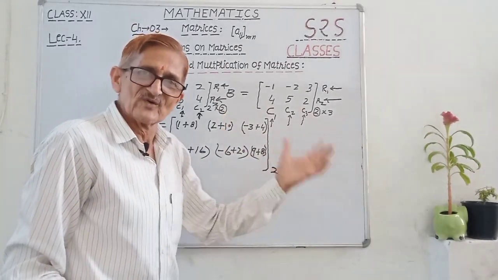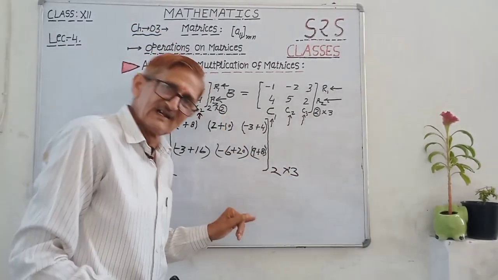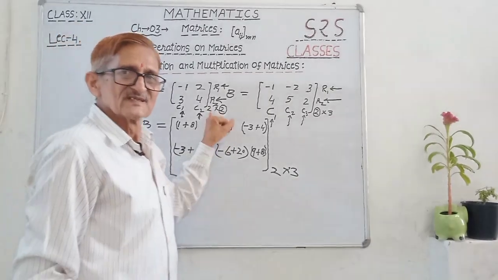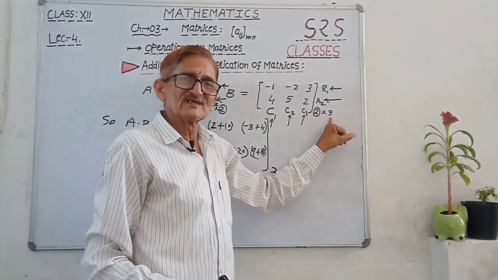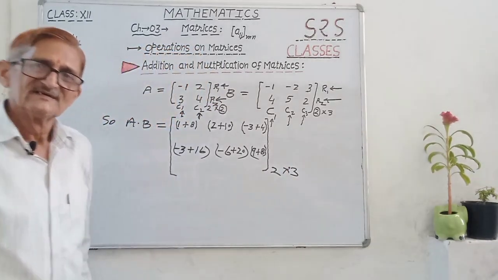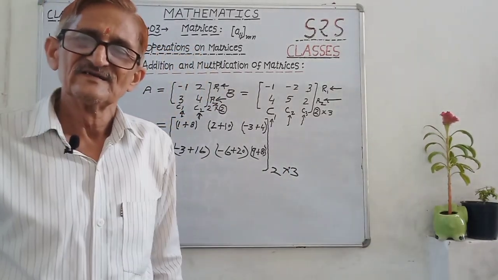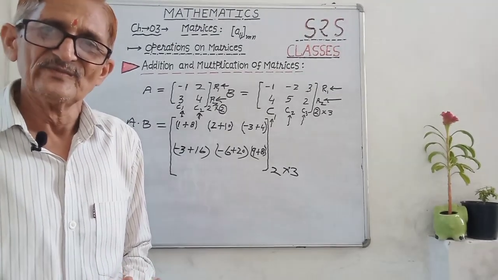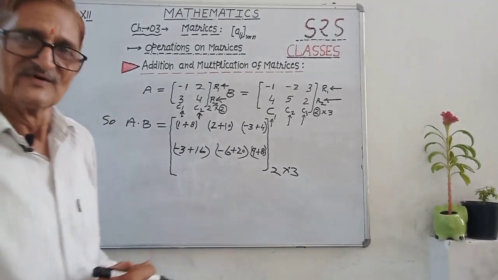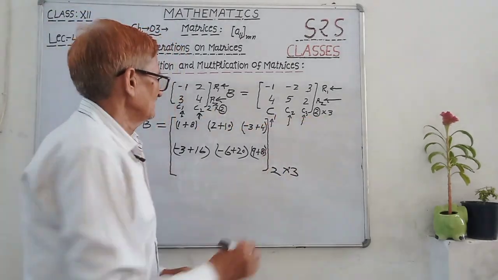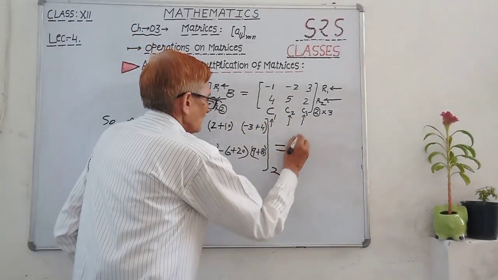The product order will be equal always to the row of the first and column of the second remaining, the result of the product of two matrices. Okay, so यहाँ order 2 by 3 done.